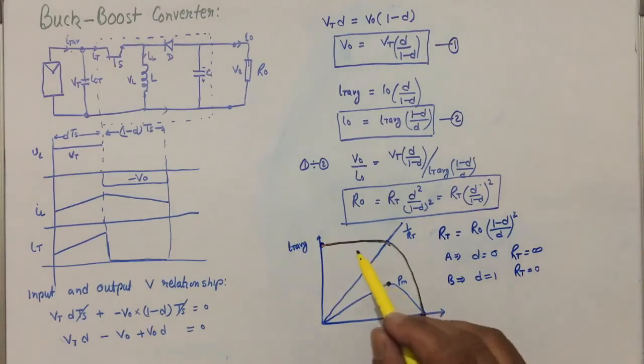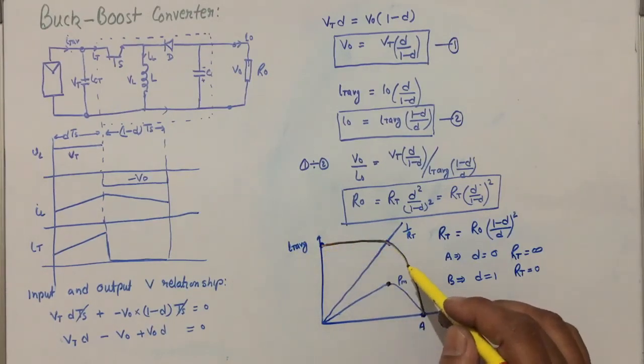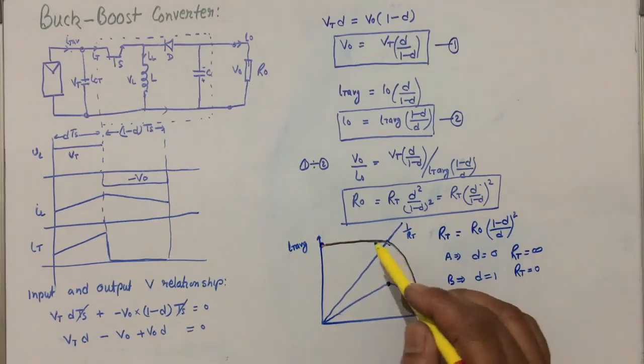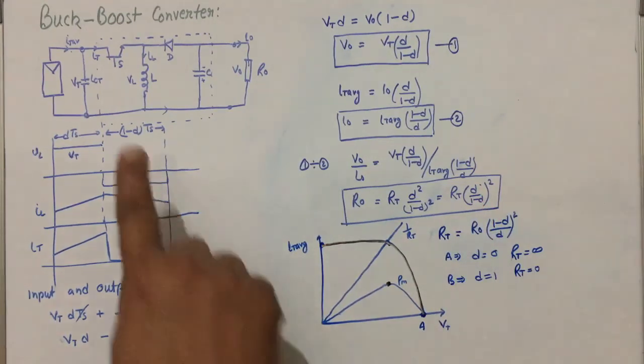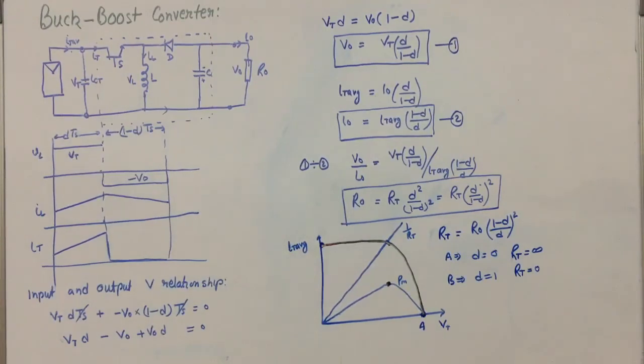In the boost converter, it was possible to operate up to some point, and if the load line lies here, then in this direction it was not possible to operate. So in both cases, full operation was not possible when they were introduced individually between the panel and the load. But when the buck boost converter is used, it is possible to obtain the maximum power point just by controlling the switching operation of the switch of the buck boost converter.